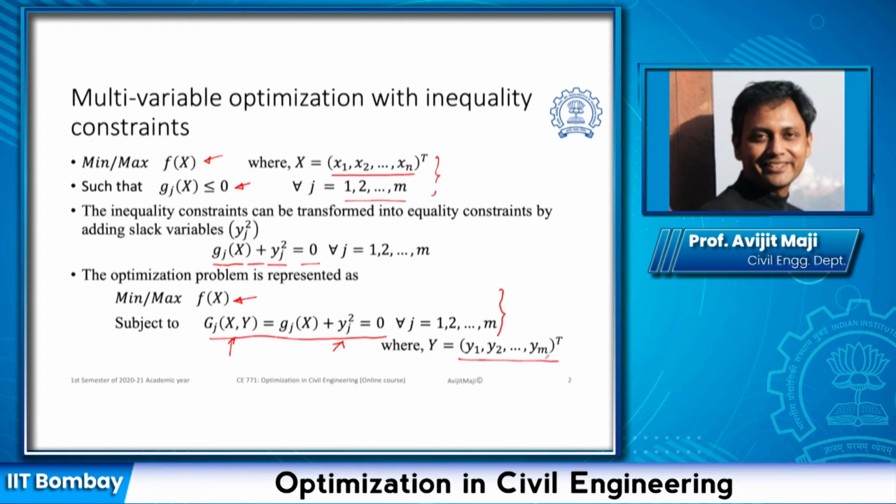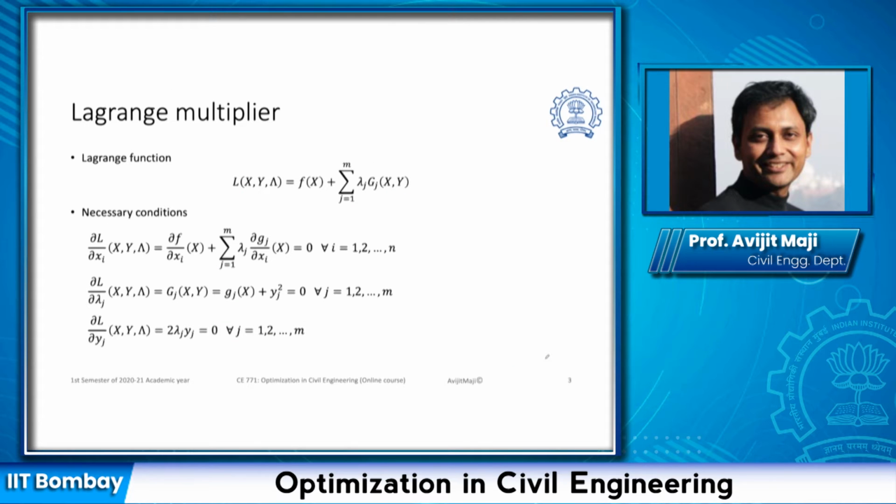Now once we transform it into an equality constraint, the multivariable optimization problem can be solved or represented in the form of a Lagrange multiplier. So the Lagrange function now is going to look like L of X, Y and lambda.